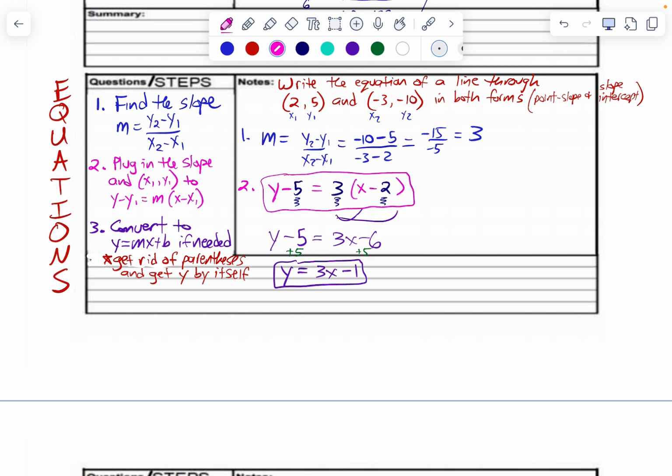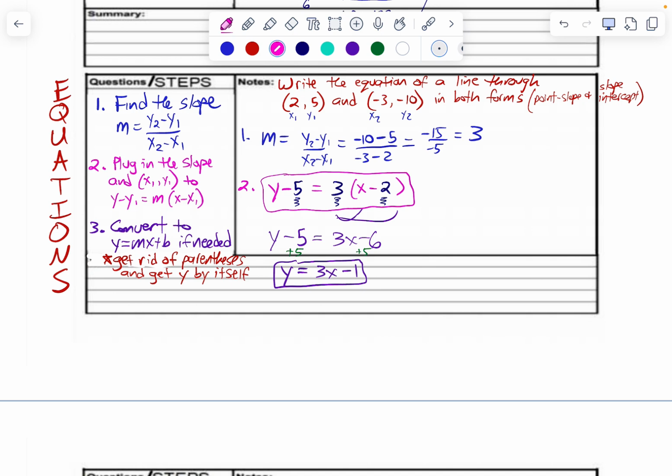And then if you want, or if you're asked to, convert it to the other form, that's easy to do. Get rid of parentheses and add or subtract whatever is over there, and you're done. Okay, any questions on that? Okay, so that's kind of background.